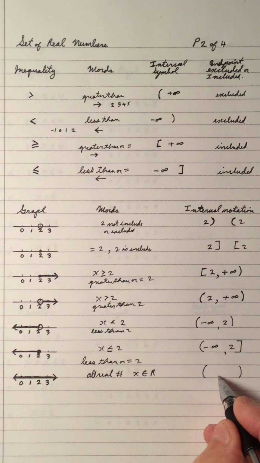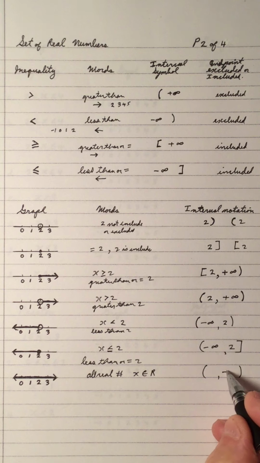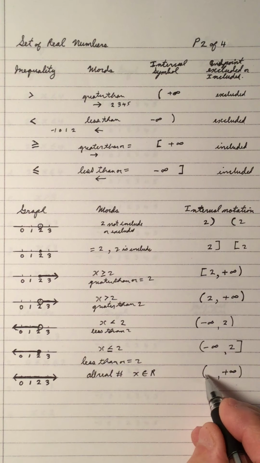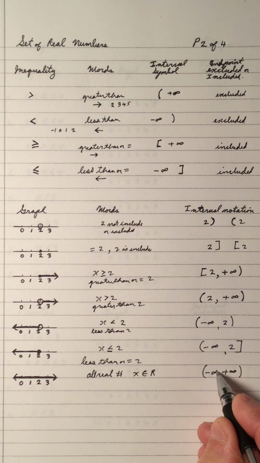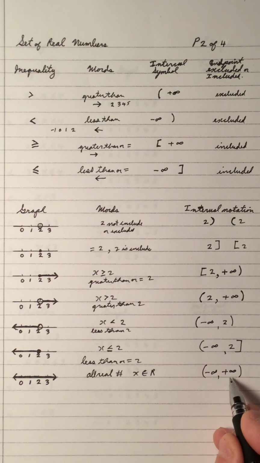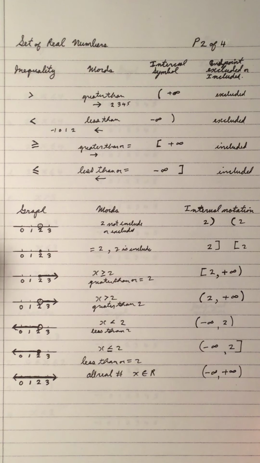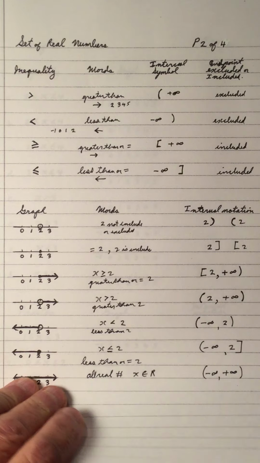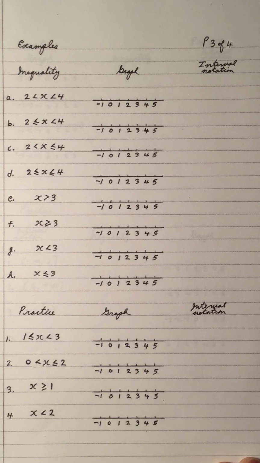Going this way is positive infinity, and going this way is negative infinity. So this is the interval notation for the set of all real numbers. It's open on both ends, going in both directions. So let's do some more using this symbolism of the interval.